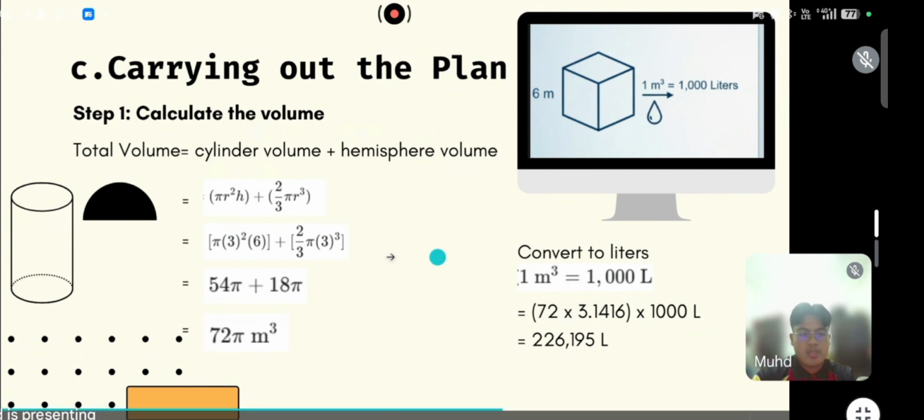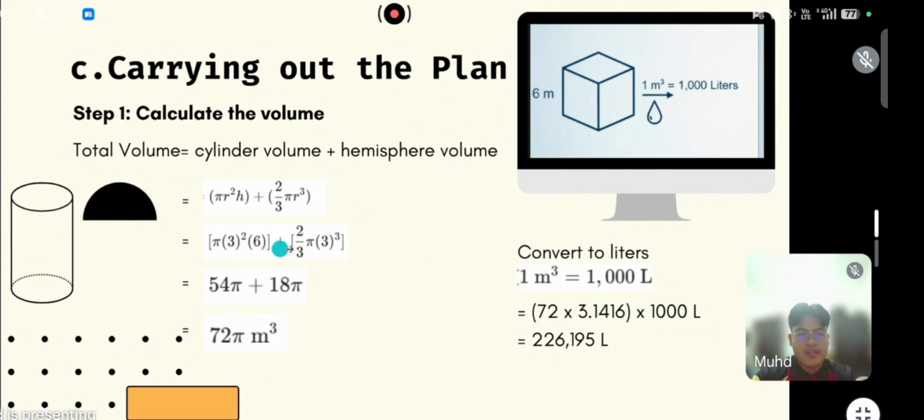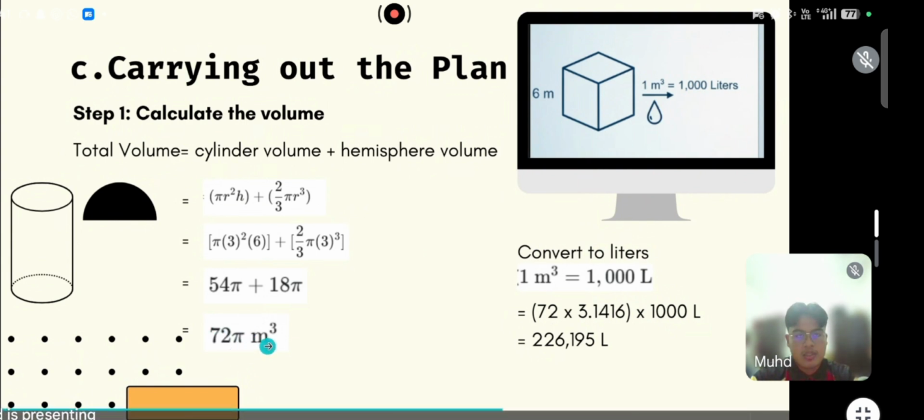So kita masukkan radius dia 3 and the height of cylinder 6. The radius of hemisphere is 3. In this ni kita tak masukkan lagi nilai pi sebab kita akan masukkan masa convert nanti. So the total volume of cylinder and hemisphere is 72 pi meter cubed.